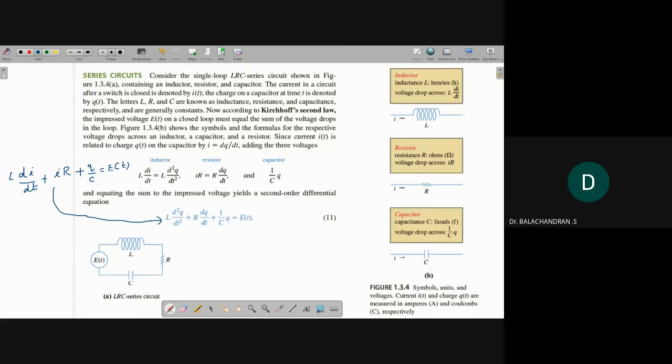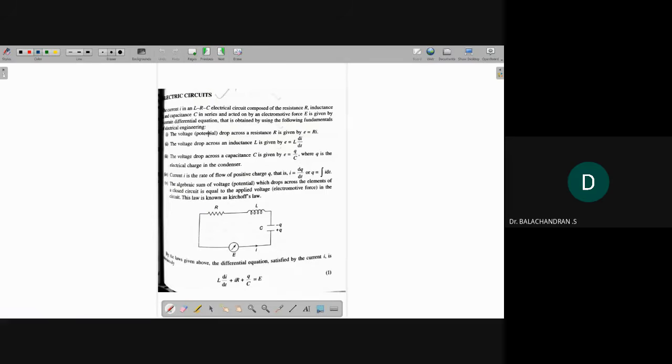Now, in this slide, what we discussed in the previous slide is here. The voltage drop across the resistance is IR, across the inductance is L into di by dt, and across the capacitance is Q by C. The relationship between I and Q is I equal to dq by dt or Q equal to integral I dt.